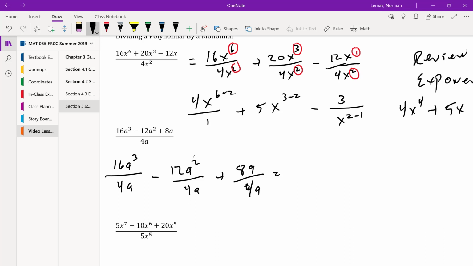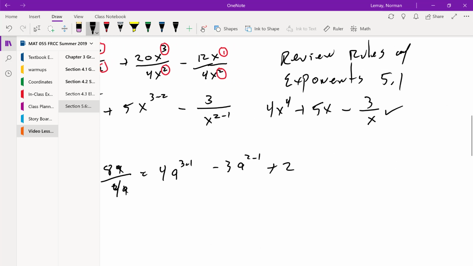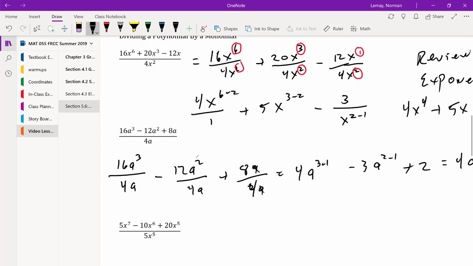So 4 goes into 16 4 times, and so now we get a to the 3 minus 1, minus 4 goes into 12 3 times, a to the 2 minus 1, plus, and notice here the a's drop out and 4 goes into 8 twice. So again, to simplify this, we get 4a to the second minus 3a plus 2. So that is our final answer.